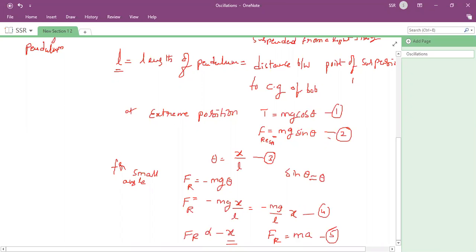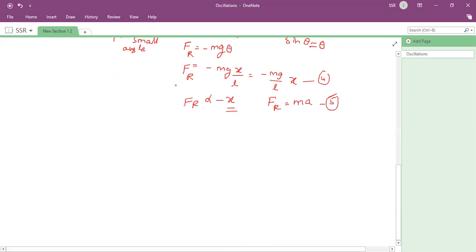From 4 and 5, ma is equal to minus mgx by L. Then m cancels, and a is equal to minus g by L into x. That is equation number 6. g by L is some constant. So from this, acceleration is directly proportional to negative displacement.